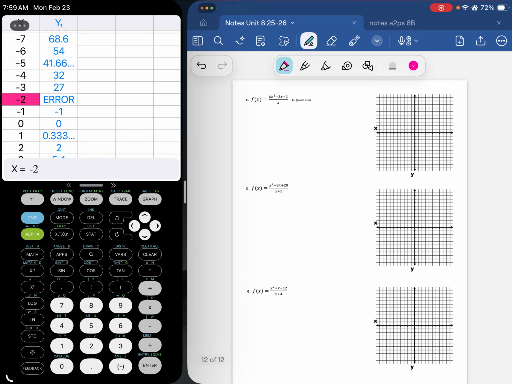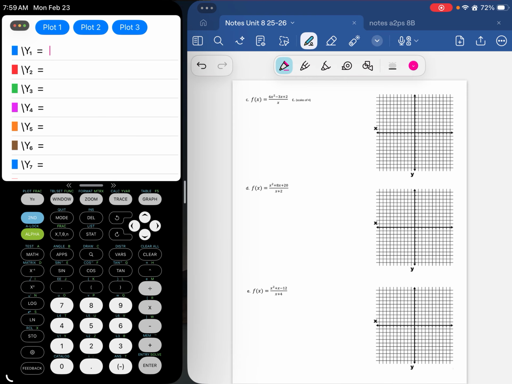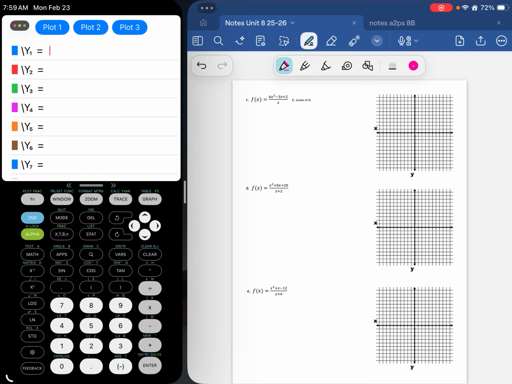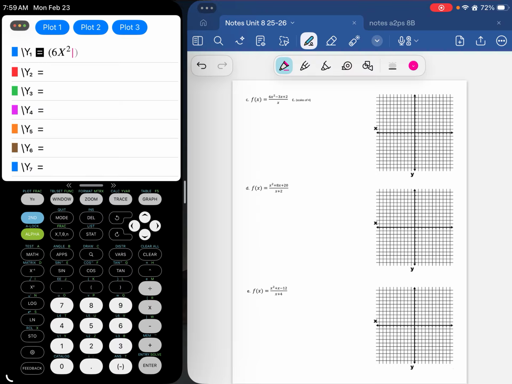So turning the page, we only got 3 more graphs to go through. Okay. We are going to skip question number 1, or question C, because that has an oblique, and I'll show you what an oblique looks like. So you have 6x squared, so I put that in parentheses, 6x squared minus 3x plus 2, all divided by x, and we don't want to do long division.